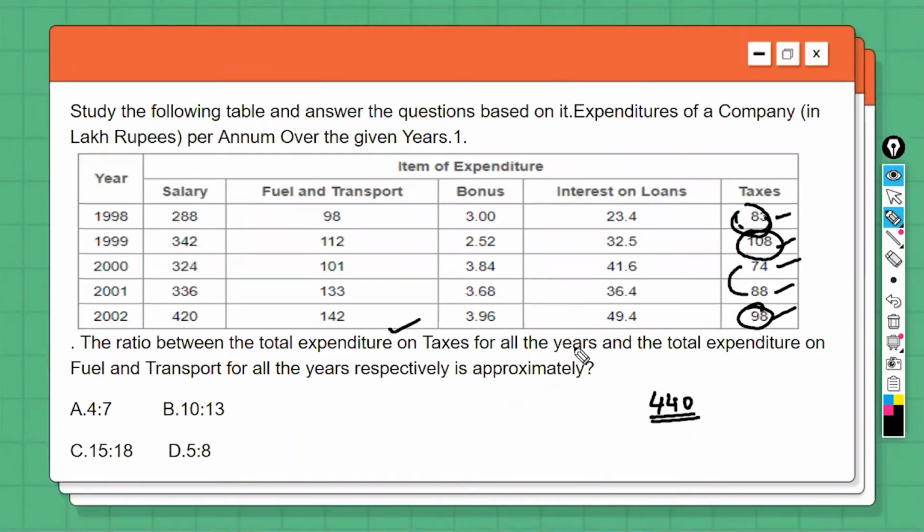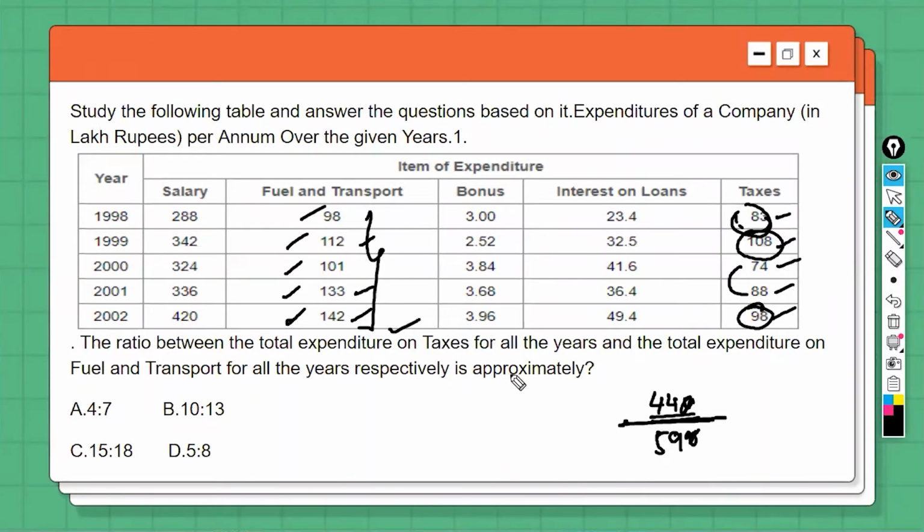Total expenditure on taxes divided by total expenditure on fuel and transport. So 100, 200, 300, 400, 500, another 10 extra, 510, 540, 580, 585 something, or 590. Let's keep it this way. So the ratio is 44:59, because it is not cancelling.